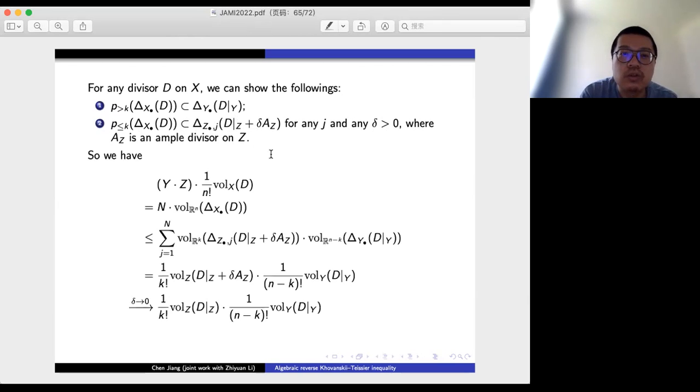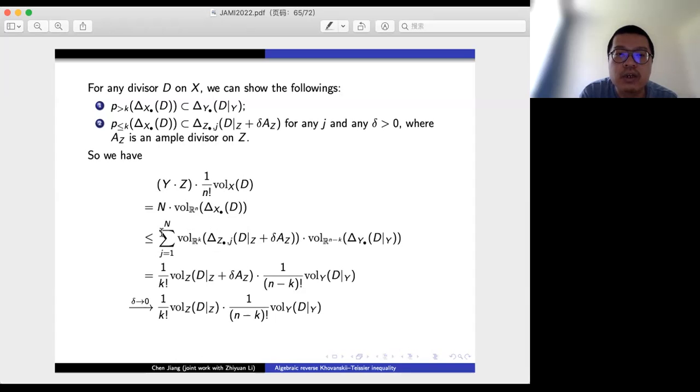So say we want to bound this number from above, and this number is just, here n is the intersection of y and z, so n times the volume of Okounkov body, and then each Okounkov body is smaller than the product of two Okounkov bodies on z and y, right?